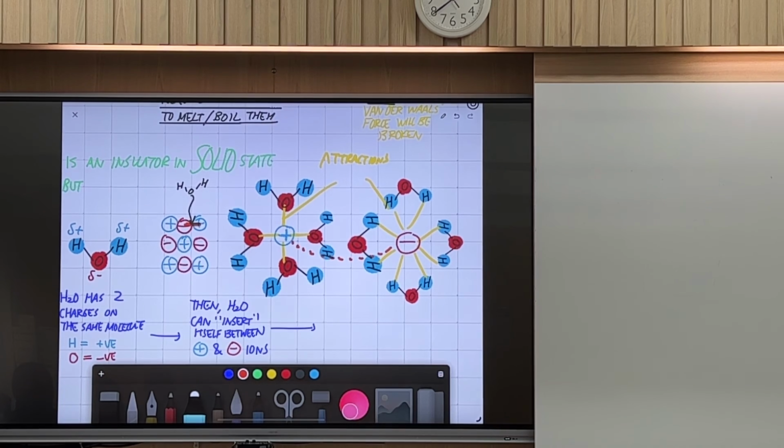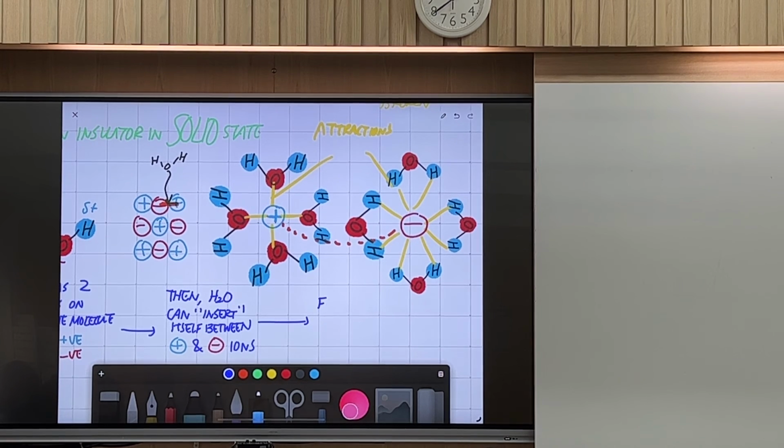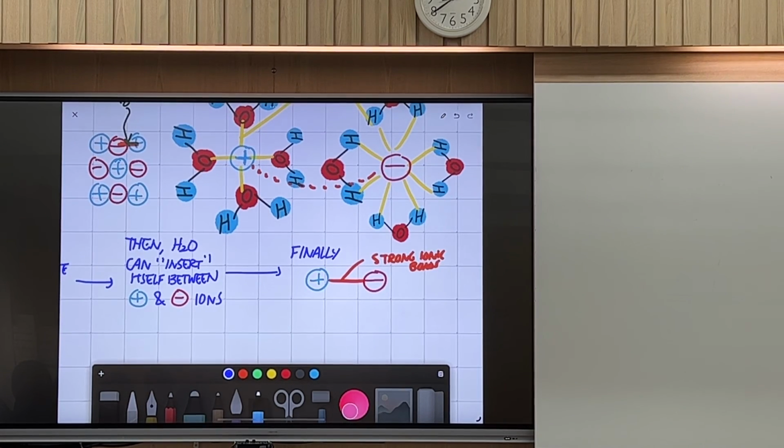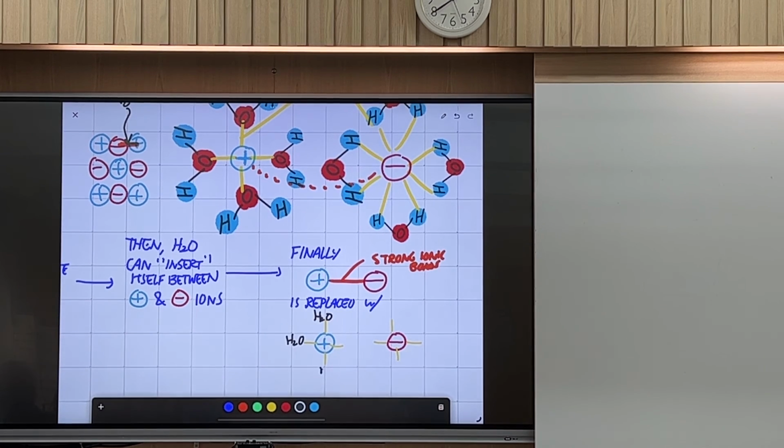You instead replace them with the yellow attraction. So finally, the original attraction between the positive and negative ion, these are called strong ionic bonds. They become replaced. So you have positive ion, negative ion, you have then the water. So these are the H2O, H2O, H2O, H2O, and then you have H2O, H2O, H2O, H2O. So that's how it works.